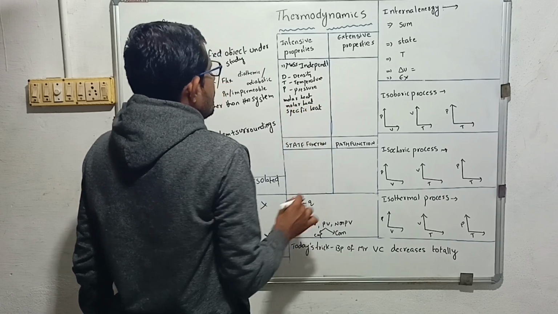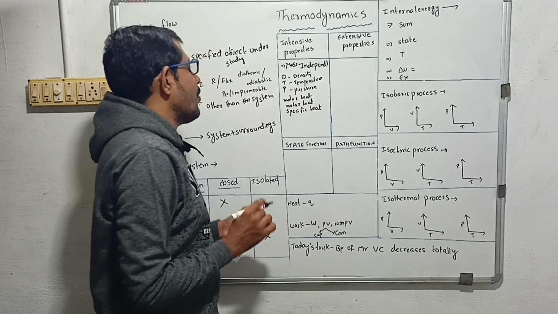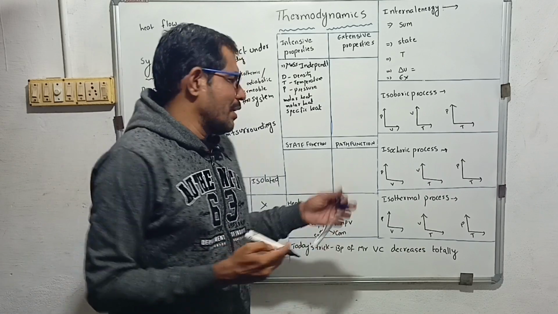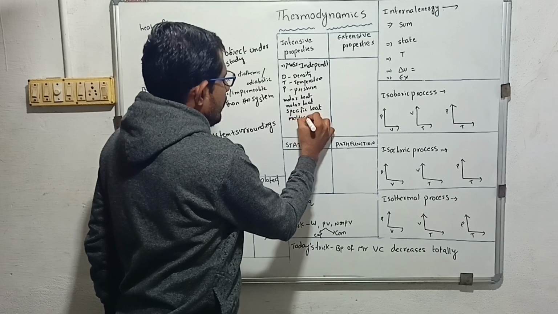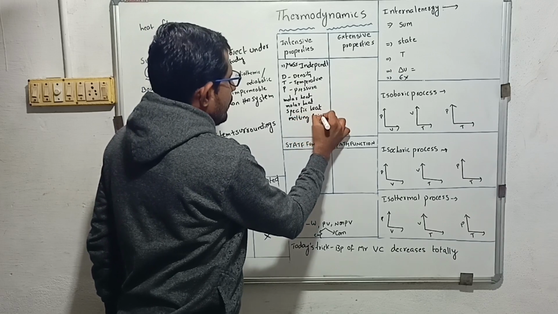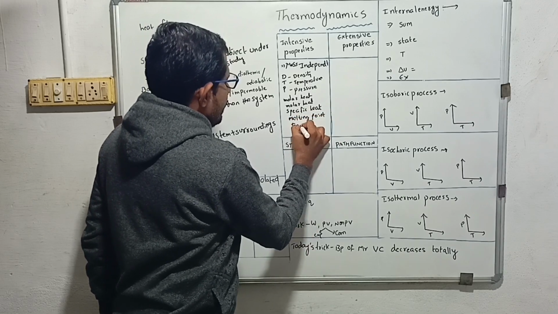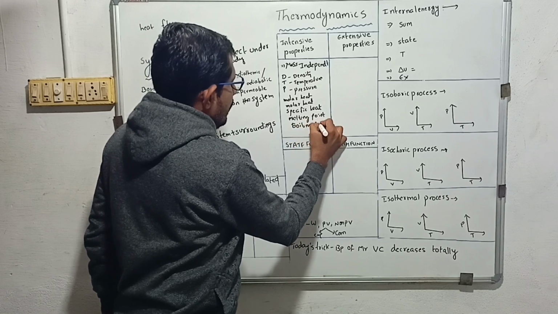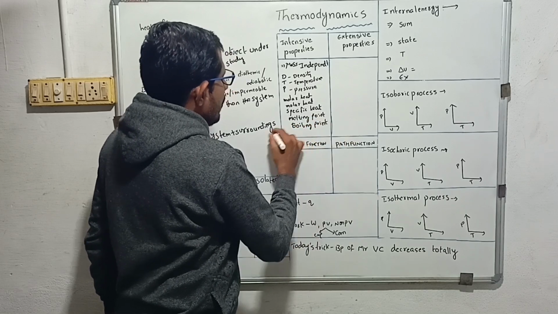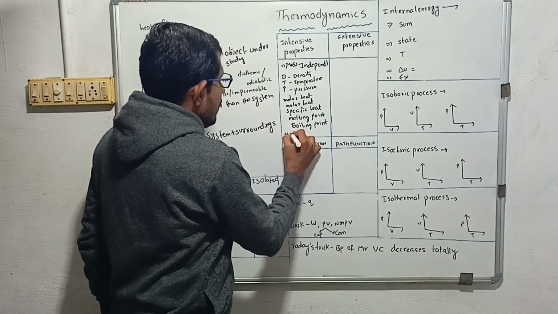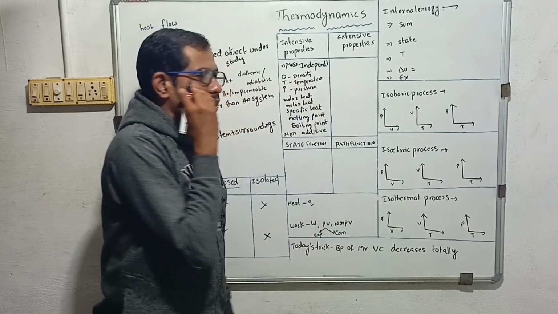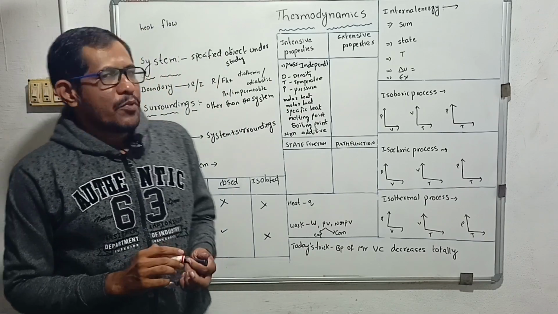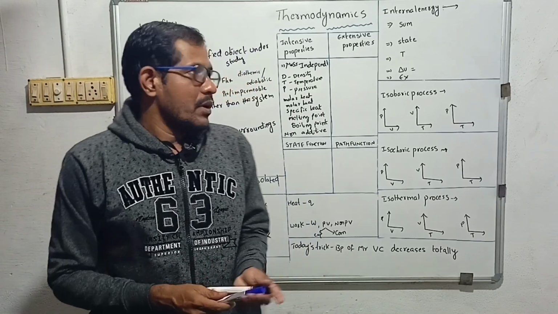So these are mass independent properties. They don't depend on the mass. We can also say melting point, boiling point. These are mass independent, non-additive properties. So intensive properties means mass independent properties.